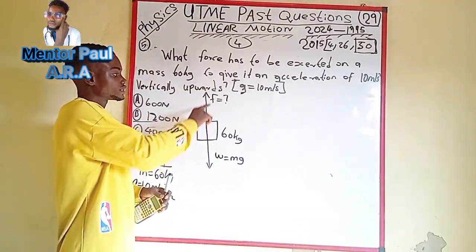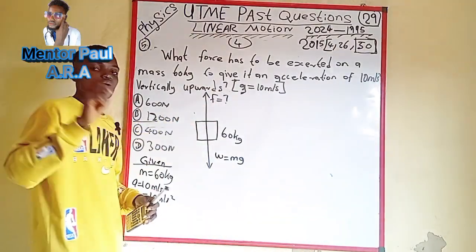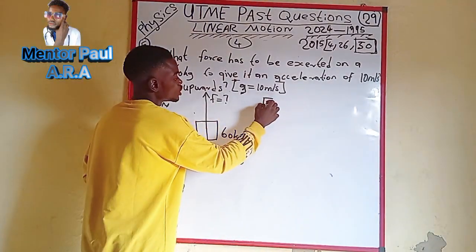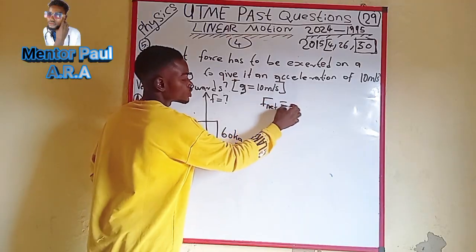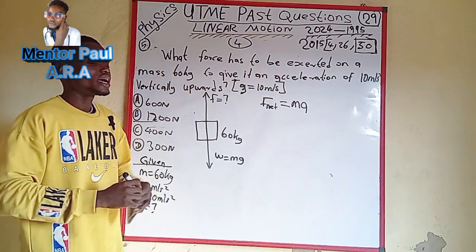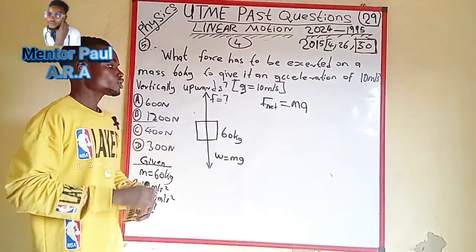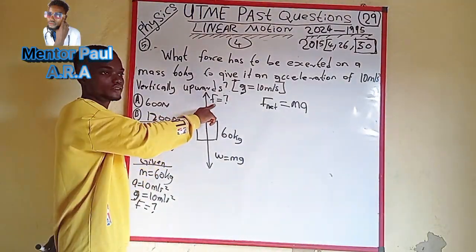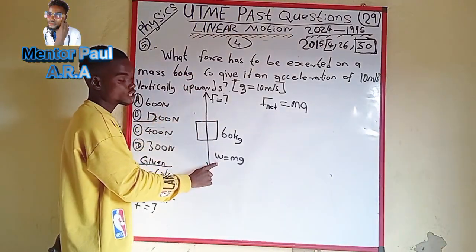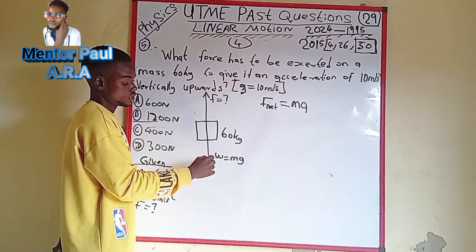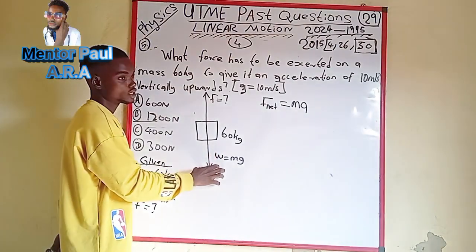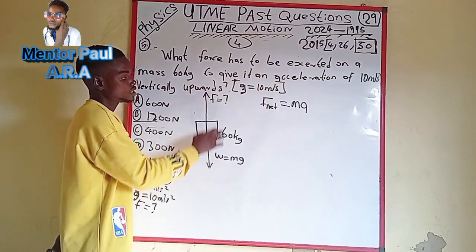Now, to tackle this force, we are going to use Newton's law of motion, which states that the net force is equal to mass times acceleration. What I mean by net force is, for instance, if I have this force to be 100 newtons, and the weight of this body to be, let me say, 20 newtons also.